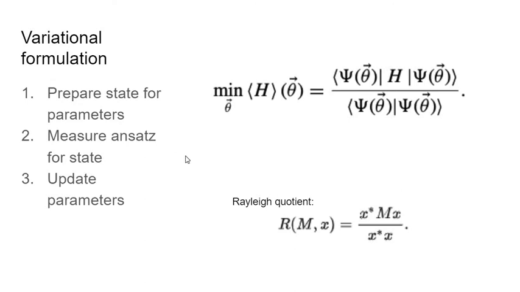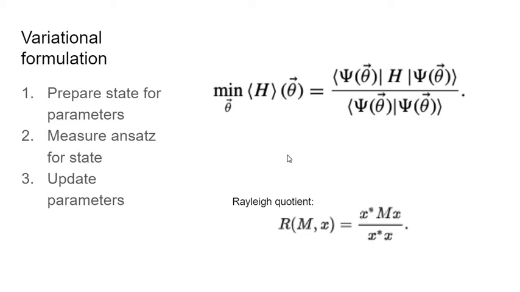The idea behind the variational quantum eigensolver is to use an optimization problem based on the Rayleigh quotient to obtain an eigenvalue which minimizes the energy of the Hamiltonian for a given ground state.